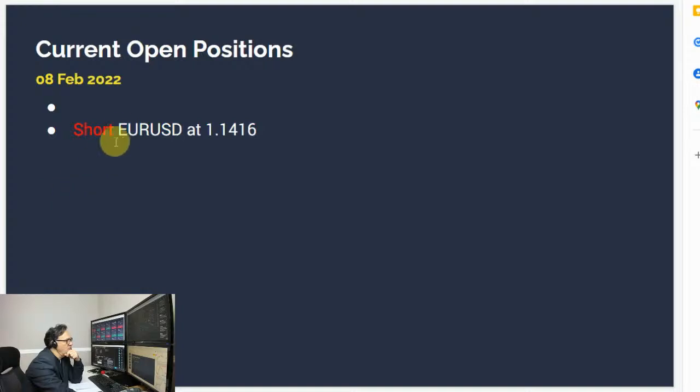I have short EUR/USD, and I initiated this trade early on today. This is the intraday scalp at 1.1416. I'll show you why I did that. My stop loss is very tight. It's at 1.1430, and I'm looking for the extension to the downside, possibly towards 1.13, maybe even lower.